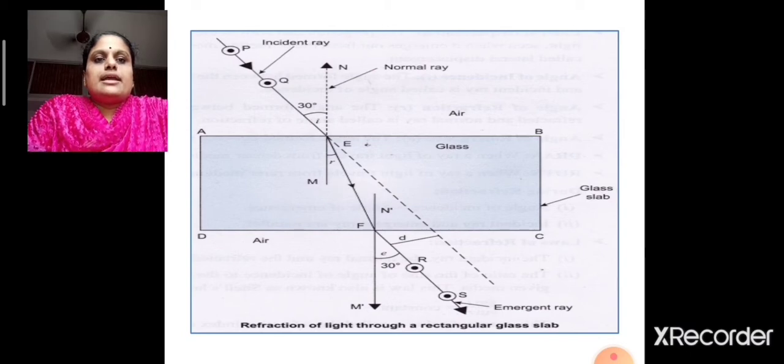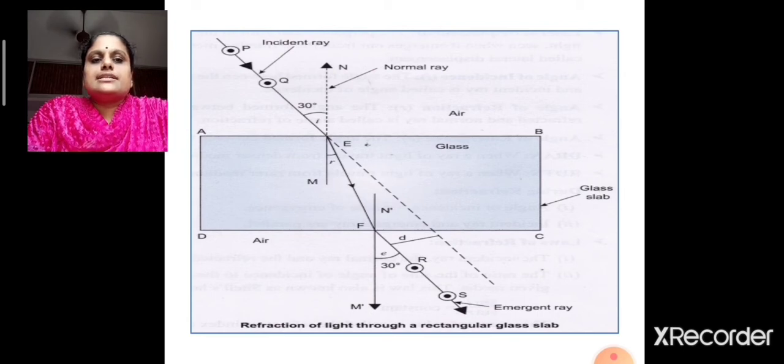When the ray EF reaches the second surface DC, it again gets refracted. FS represents the emergent ray. So, from the figure, it is clear that the angle of incidence and angle of emergence are the same.